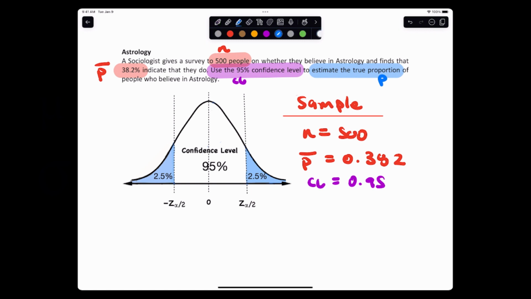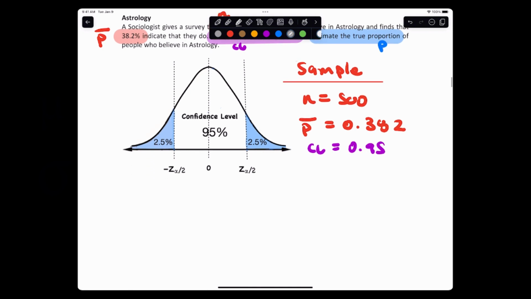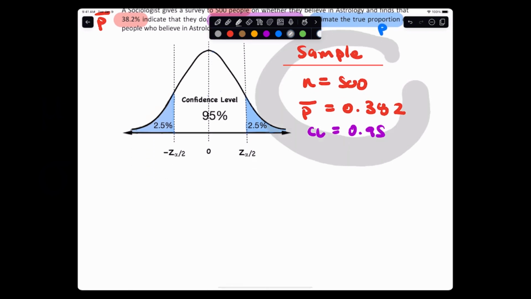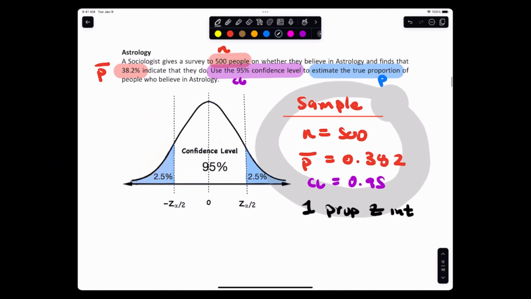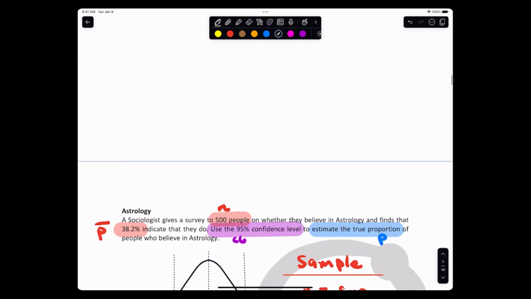Now, what I would do here again is go to my calculator. I'm going to highlight this and remind myself that I'm going to have to use a 1 proportion Z interval. Then I'm going to bring out my equation.